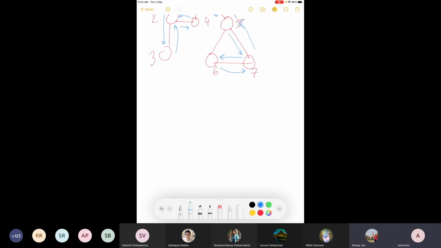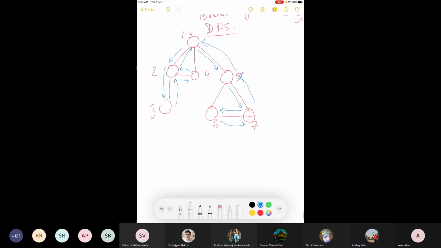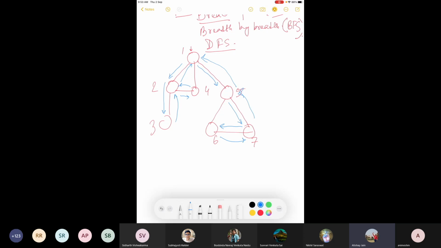Sir, I didn't understand what I've done there. Like after we get to 4, then we can go to 1 also. Yes, but you have come from 2 to 4, right? So you have to get back to 2 and then you can get back to 1. So 4 is discovered as a neighbor of 2, not of 1. But sir, it is a neighbor of 1 also.